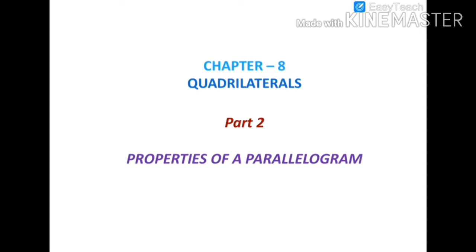We also listed properties related to the sides, angles and diagonals for each of these quadrilaterals. I hope you all have memorized these properties. In today's video class, we will learn about the properties of a parallelogram.